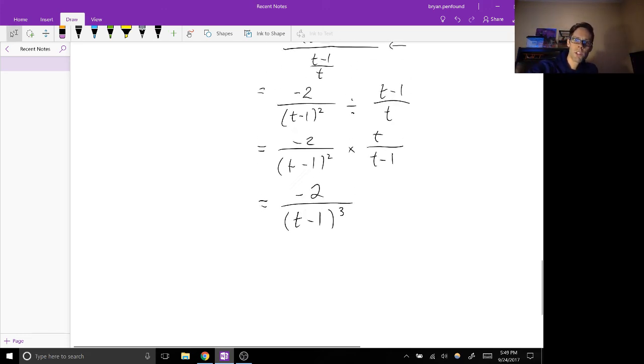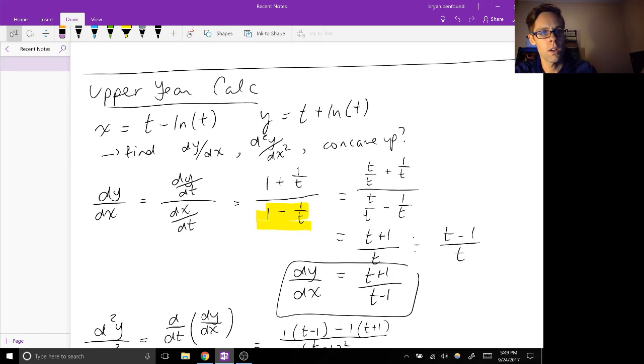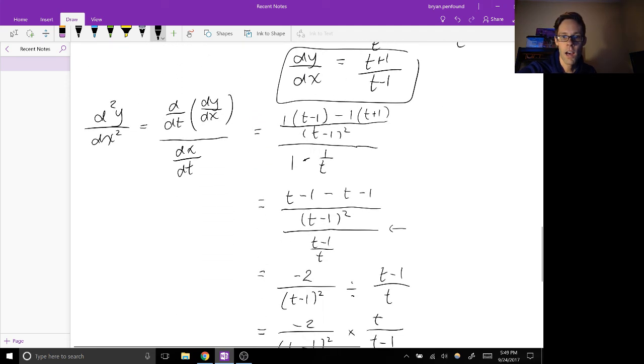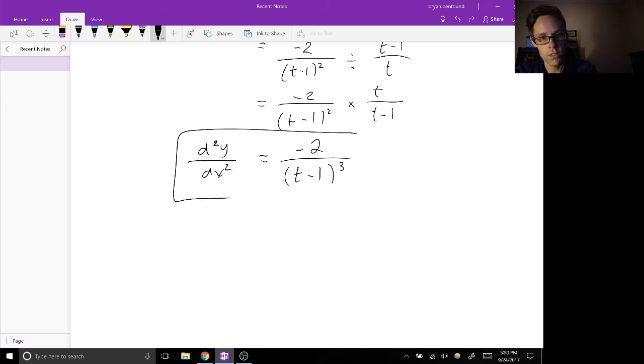And so returning back to our original question, we want to know for what values of t our parametric curve is going to be concave up. So essentially what we have to do is look at all of the critical values for this particular curve. Oops, I'm missing a t up here.